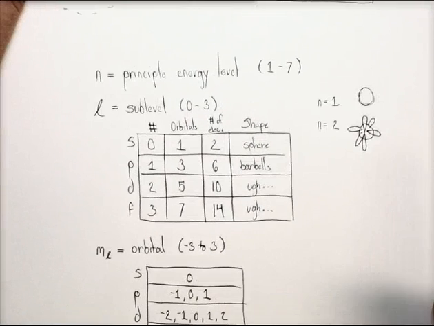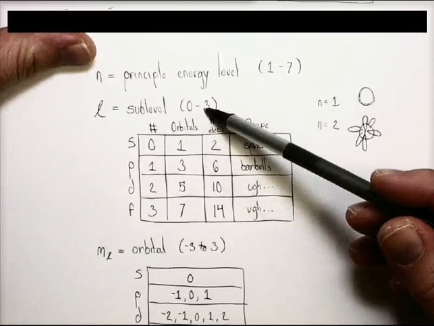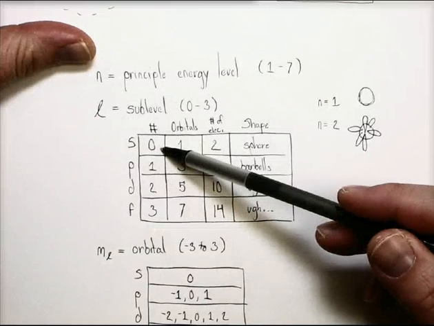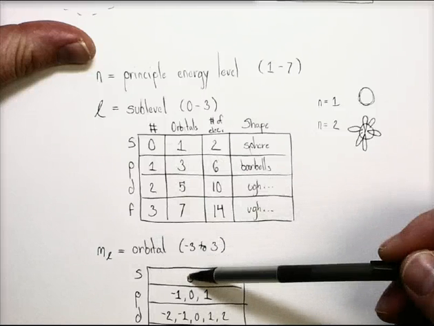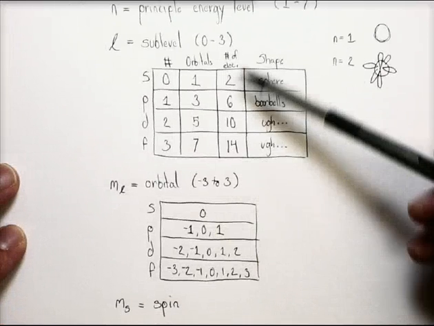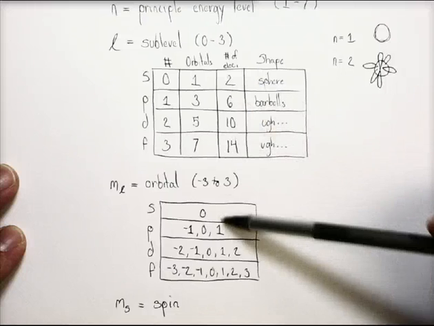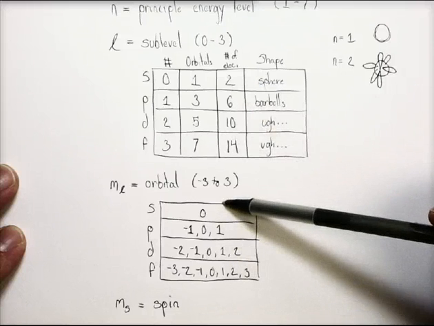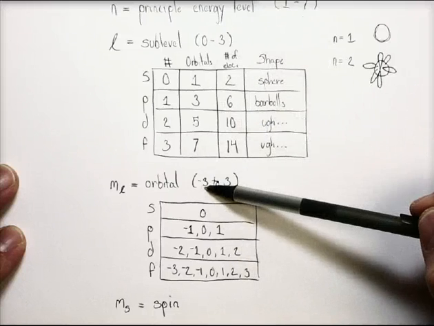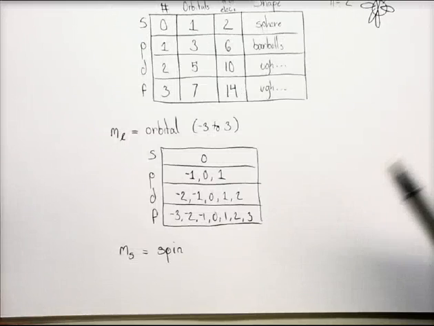Let's suppose we're in the 1st energy level, n equals 1. The only sublevel we have is L equals 0, and our only orbital for that would be orbital 0. So far, that orbital can hold 2 electrons, and they both have exactly the same set of quantum numbers, 1, 0, and 0. So there must be something going on with spin that will distinguish them.